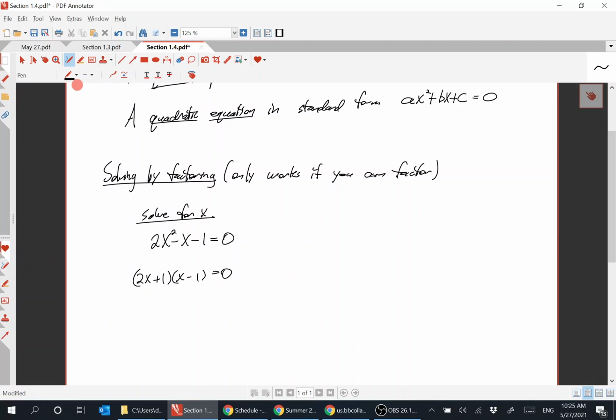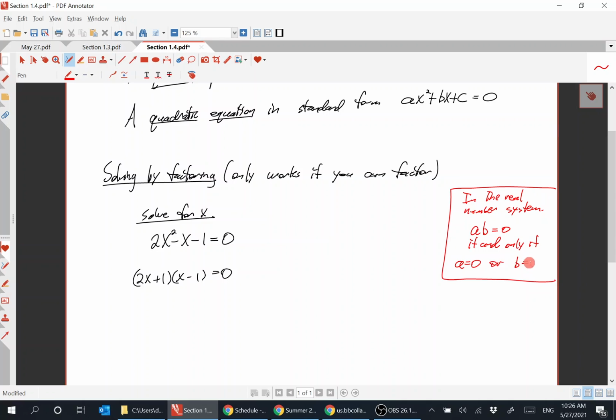Well, remember, in the real number system, a times b equals 0 if and only if a is equal to 0 or b is equal to 0.